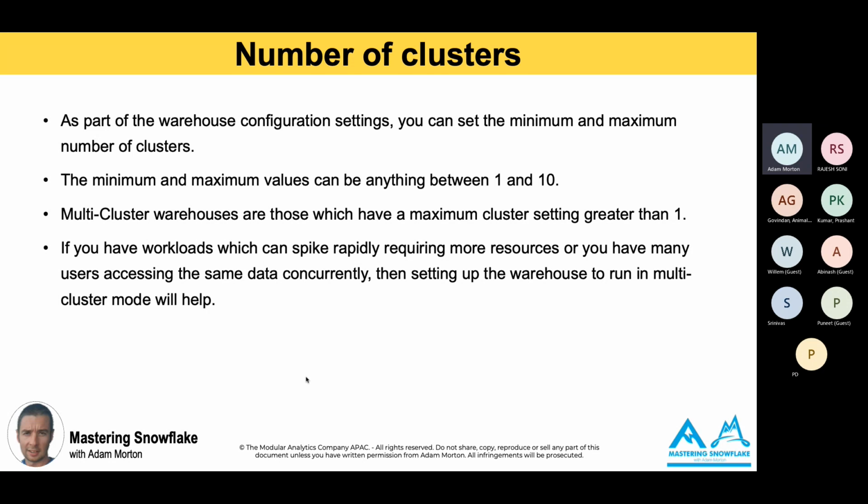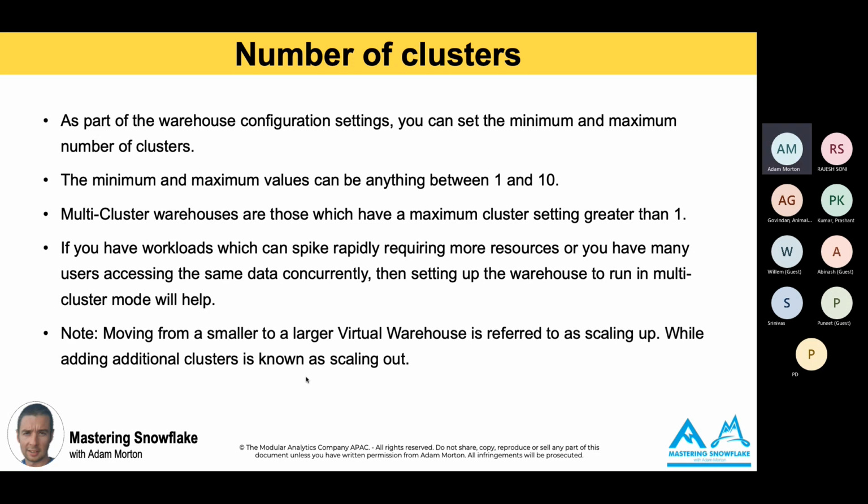If you've got a lot of people and applications querying the data through a virtual warehouse at the same time, then you need to be able to create that amount of throughput to avoid any queuing. To do that, you should set your minimum and maximum values appropriately and take advantage of multi-cluster warehouses, which can give you more throughput, importantly.